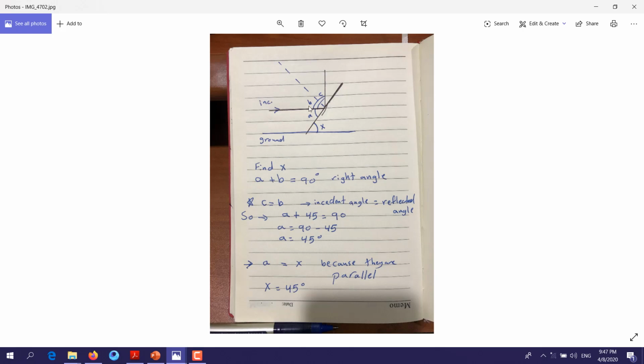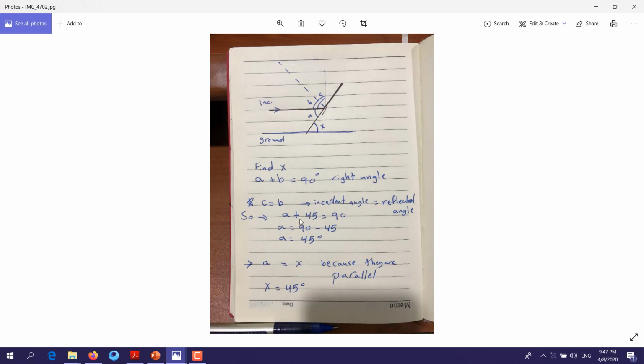It means b and c are equal. This angle we call the incident angle, and this angle c we call the reflected angle. The law says the incident angle is equal to the reflected angle. So c is equal to b.